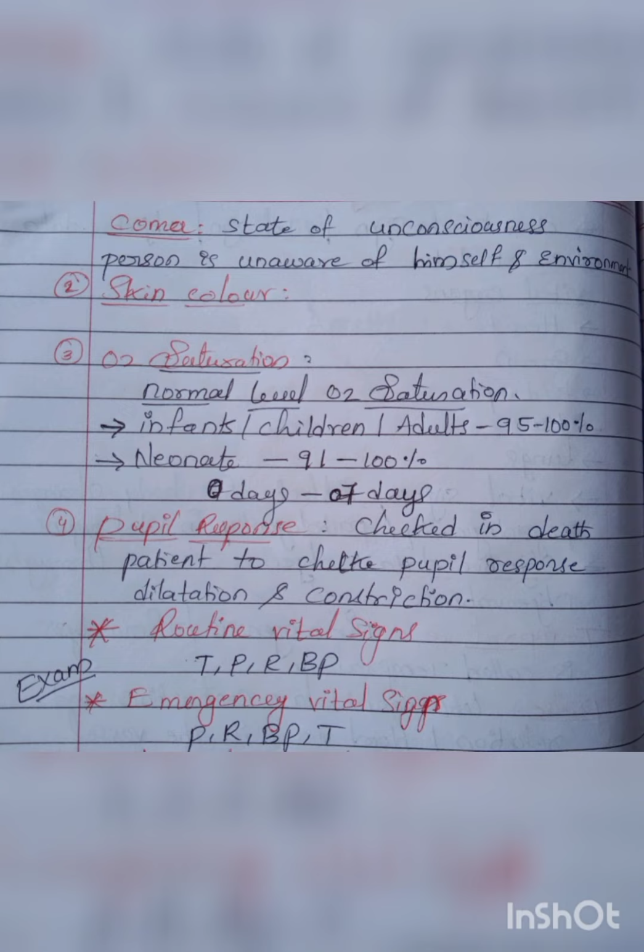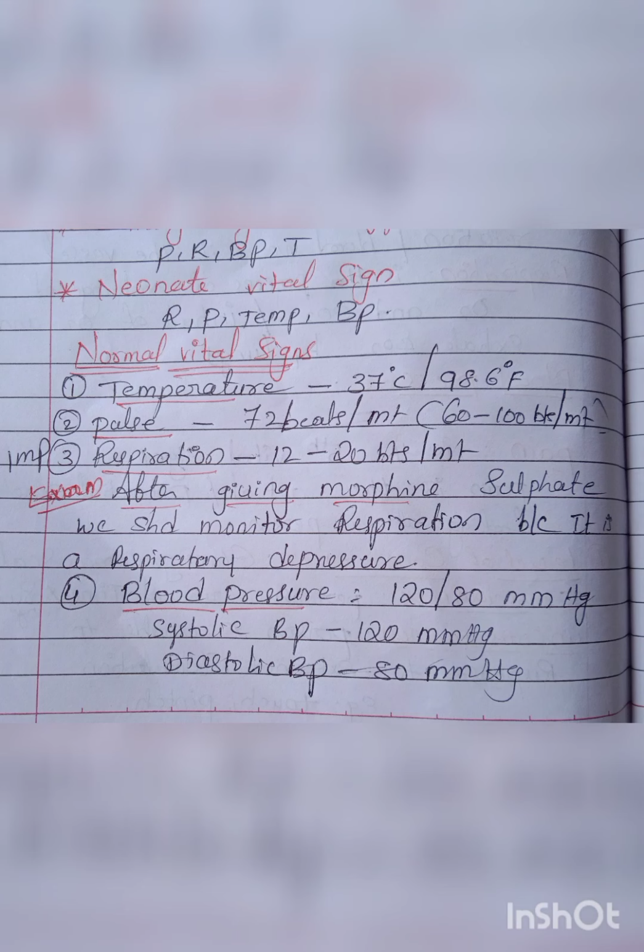Pupil constriction and dilatation is checked with the help of a torch light. If we bring a torch light near the eye, the pupils will constrict if they are active. If they are inactive, the person is dead, and the pupils are dilated. There is no reaction in the pupil, in the eyes.